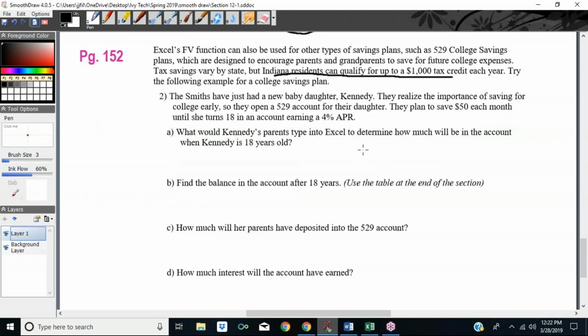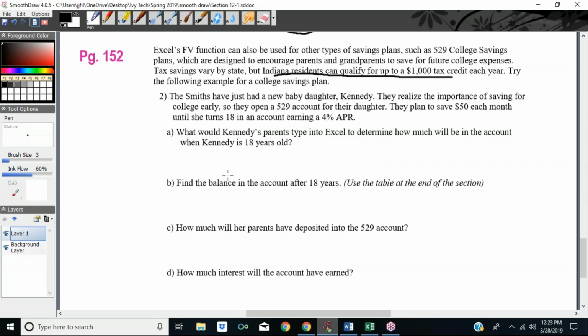We're going to use the chart on page 153. So we're looking at 0.04 divided by 12, 12 months for 18 years, and then putting in $50 each month. So find out using your chart. There you go. It looks like Caitlin already has it in there.